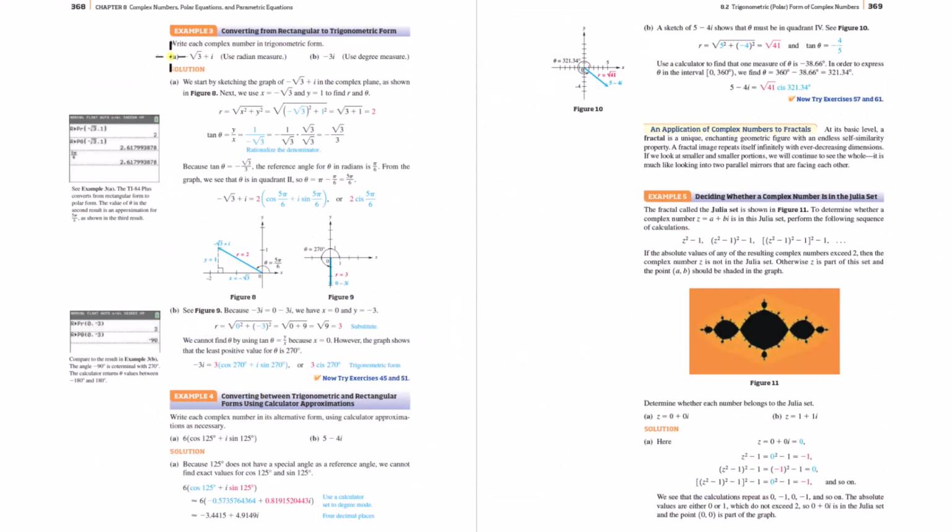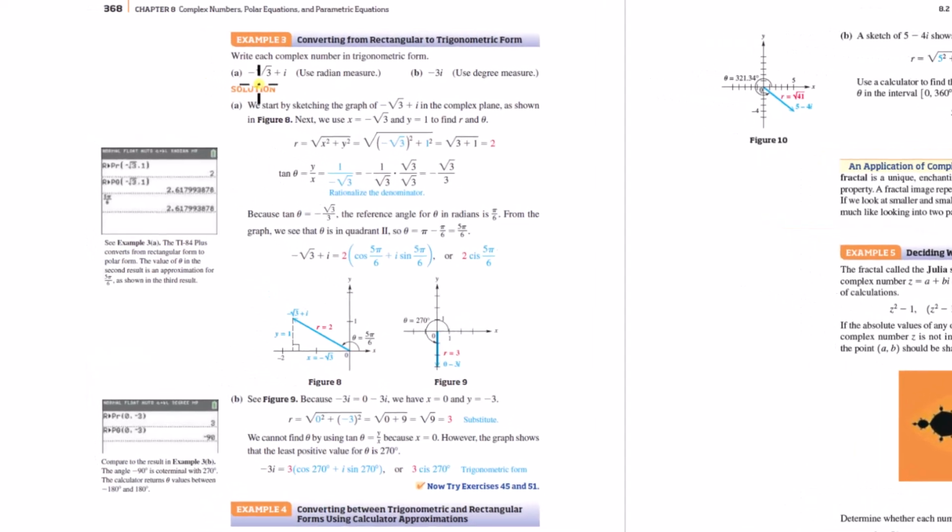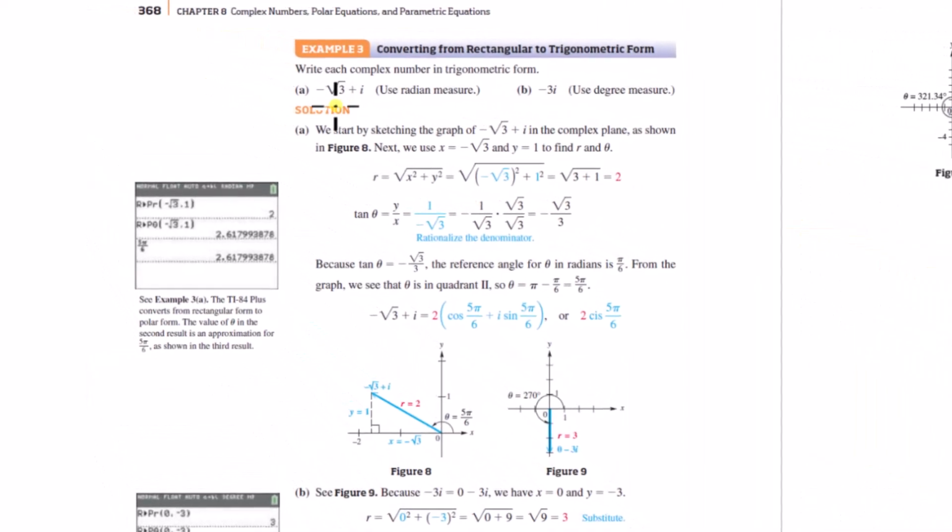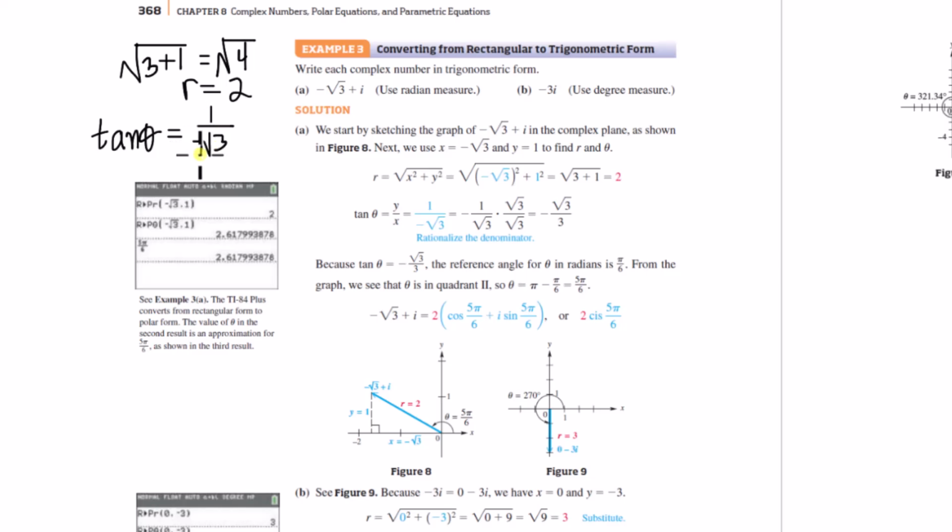So, okay, like here, write this in trigonometric form. So you've got, let's see, minus root 3 squared is 3, plus 1. So r is equal to 2. Okay, now we've got tangent. Well, we know we're in quadrant 2, so tangent theta is 1 over minus root 3.